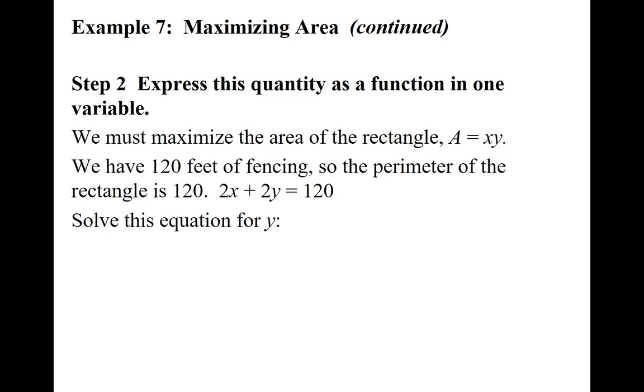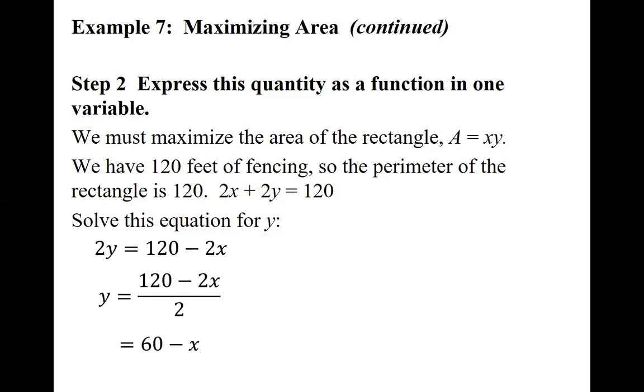If we solve this for y, we would get 120 minus 2x for 2y. Then dividing both sides by 2, we'd get 60 minus x. So y is 60 minus x.